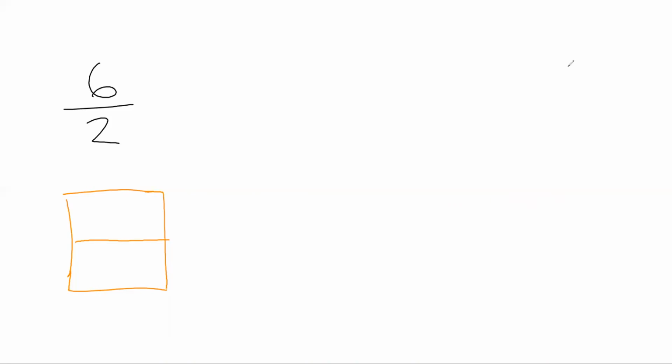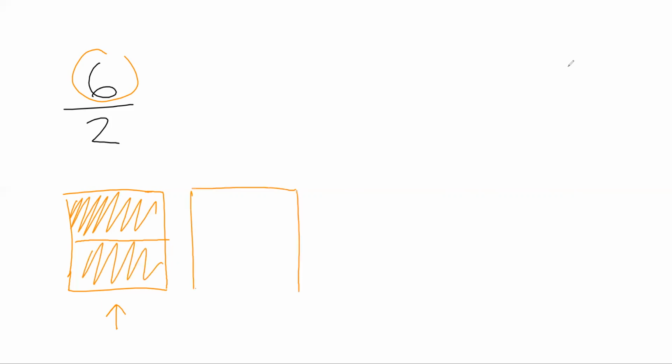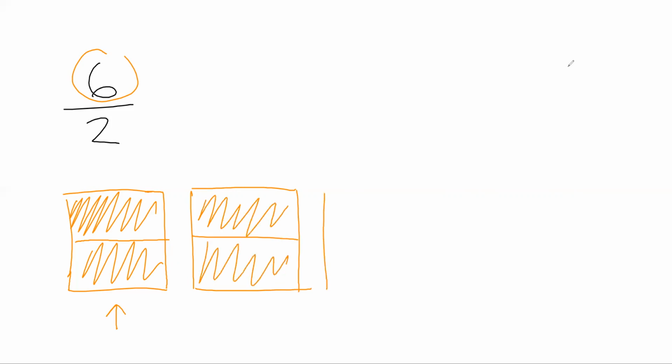But your numerator says you have 6 of those shaded in. Well, in my first model, I can't shade in 6. I can only shade in 2. 1, 2. So we'll have to make another one, and then that would be 3, 4.